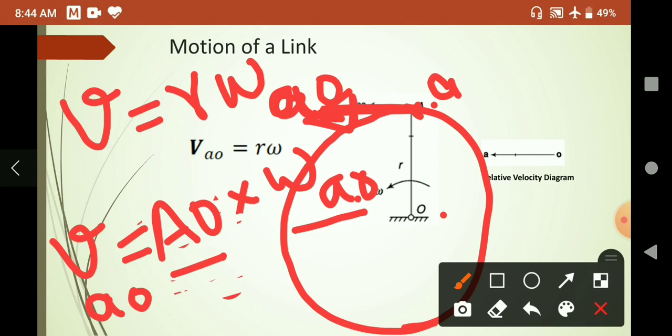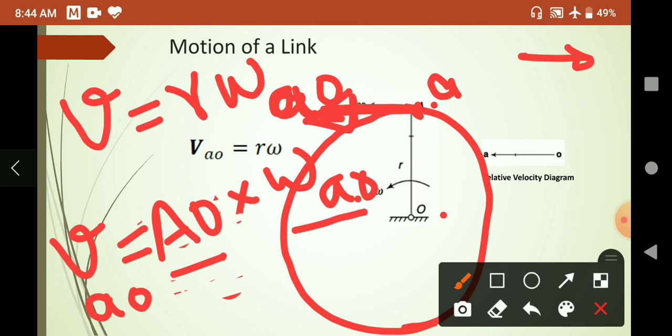Since in this case the link is rotating in the anti-clockwise direction, the direction of the linear velocity of A relative to O will be towards the left side. If the motion was in the clockwise direction, then the direction would have been the opposite.